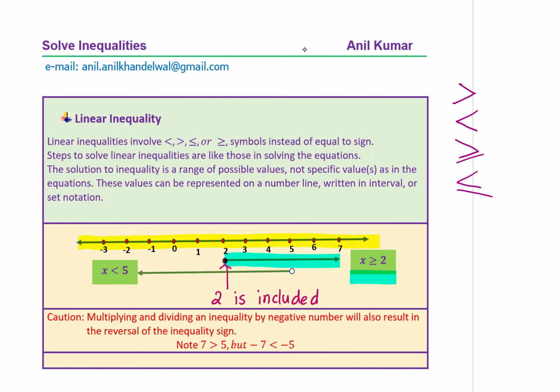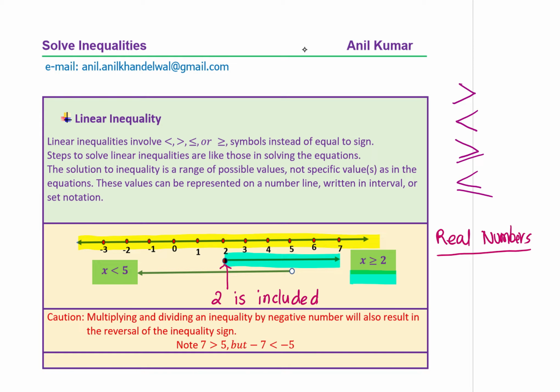And on the number line, when we are showing the solution, what are we really showing? We are showing the solution on real numbers. So, by default, whenever we say that x is greater than something, we are talking about real numbers, okay?